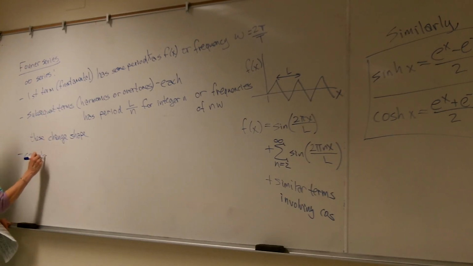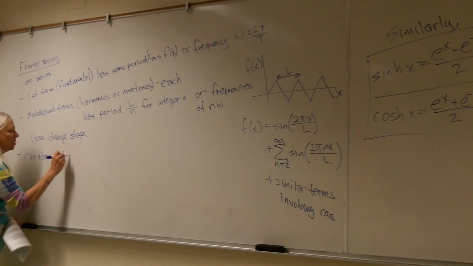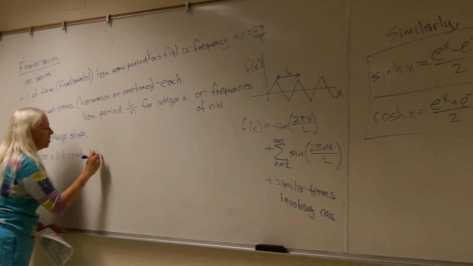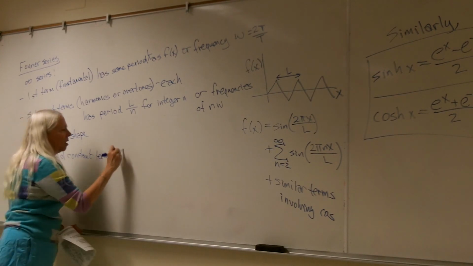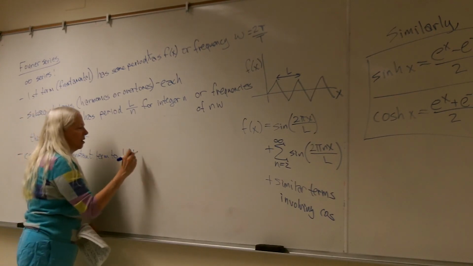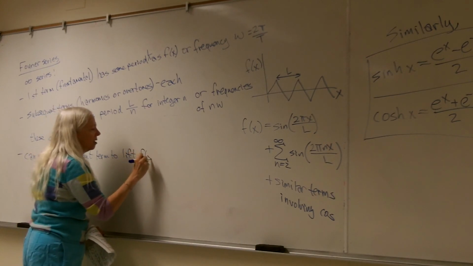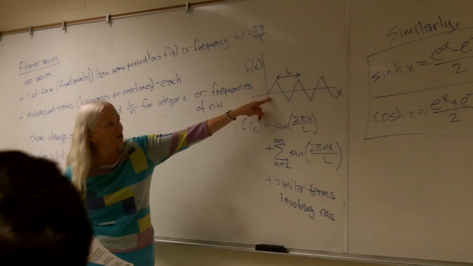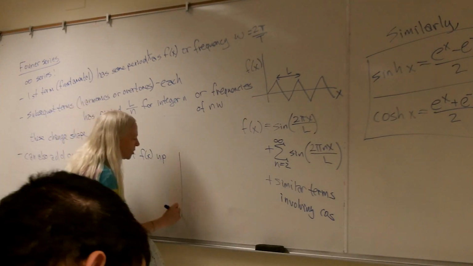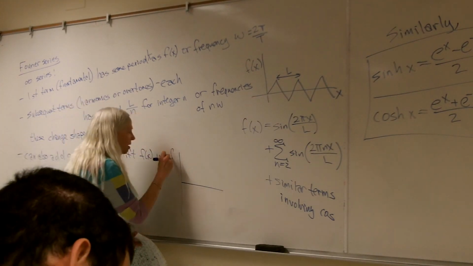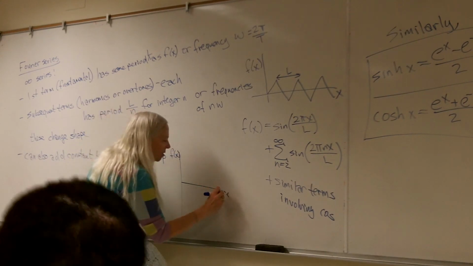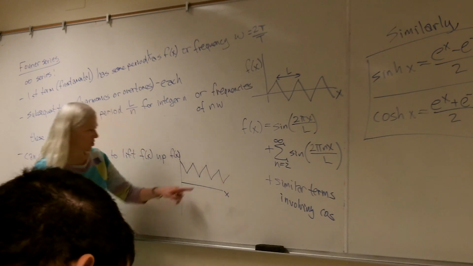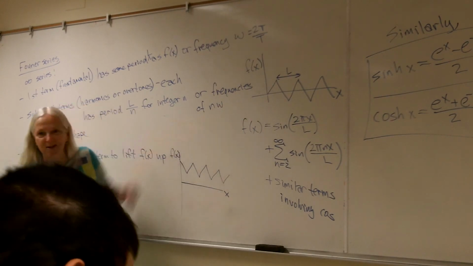We can also add a constant term. And basically, that just lifts up the function. For example, let's say instead of a function like this, that we were trying to write the Fourier series for a function like that. Right? Looks just like this one, except it's raised up.